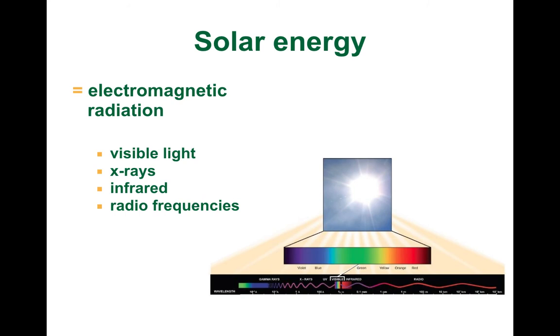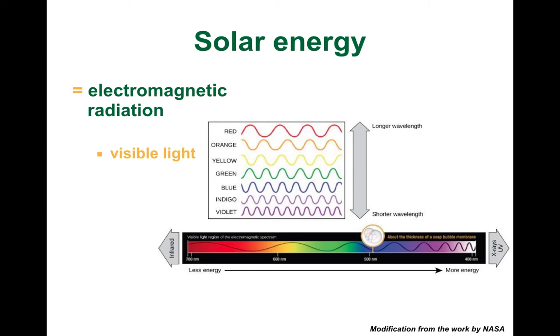Now, let's pick out a part of this spectrum, and yes, we are going to focus on the visible light. The visible light covers a spectrum of colors, and not all colors that are visible to us carry the same amount of energy.